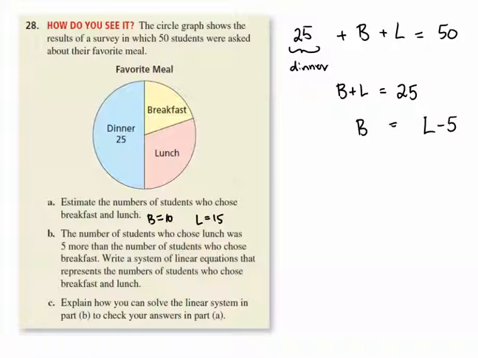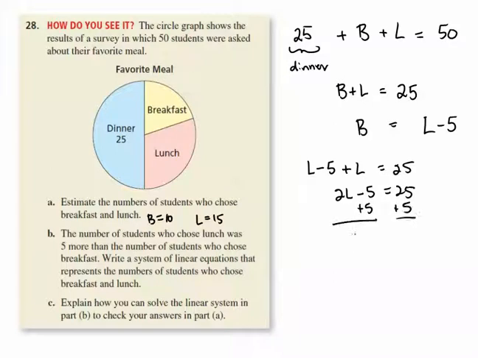So all we need to do at this point, we've already solved for b, so we're going to replace b in the first equation with L minus 5 plus L equals 25. 2L minus 5 is 25. Add 5 to both sides. 2L has to be 30.